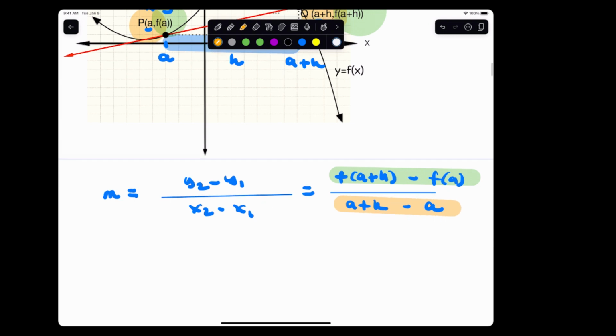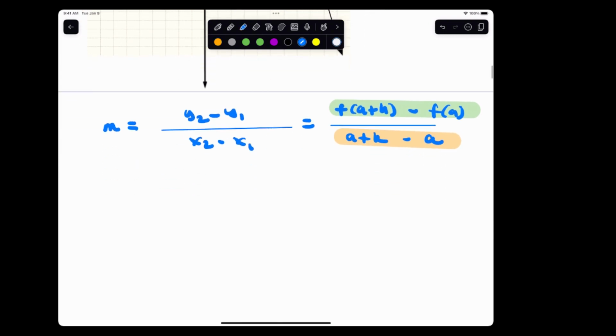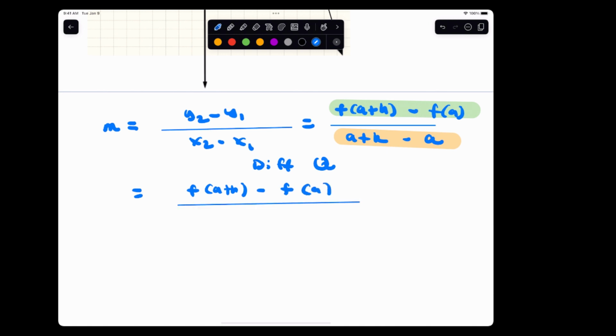Now, you might start to get the idea that, you know what, I'm starting to see something here. This is, by the way, called a difference quotient. Difference quotient from algebra. Actually, pre-calculus, ladies and gentlemen. Pre-calculus, we call that a difference quotient. So you have f of a plus h minus f of a, everything over, what's the algebra here say? This is over what? And that's m secant, right?